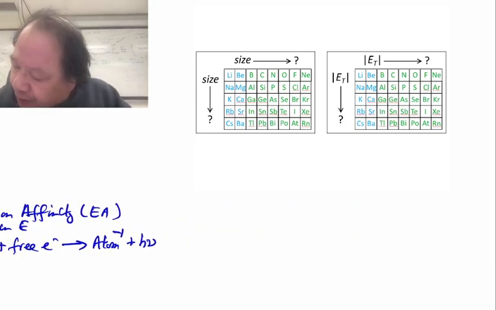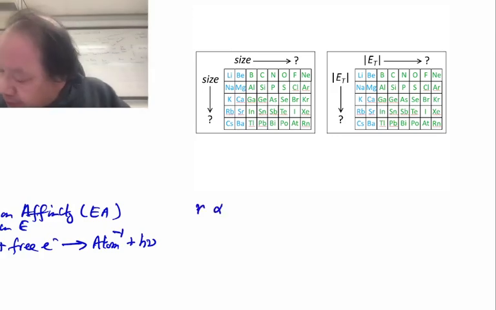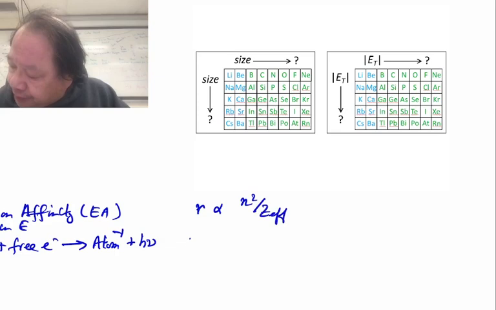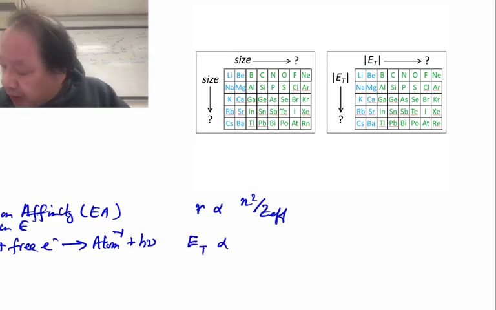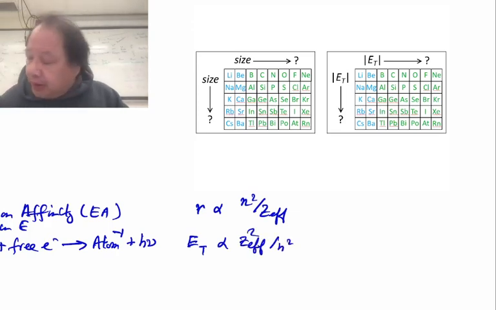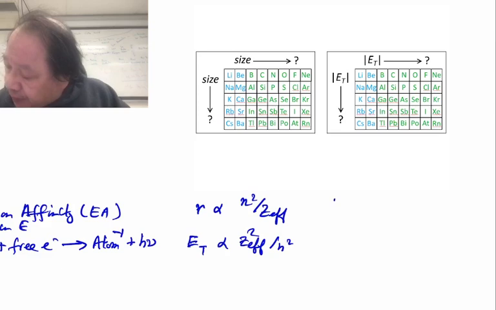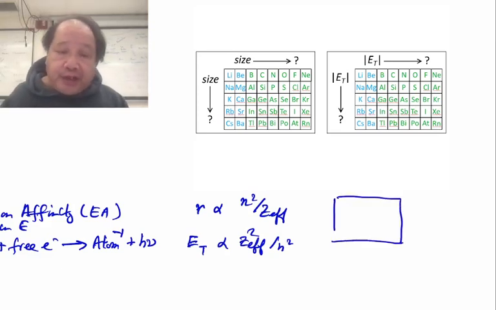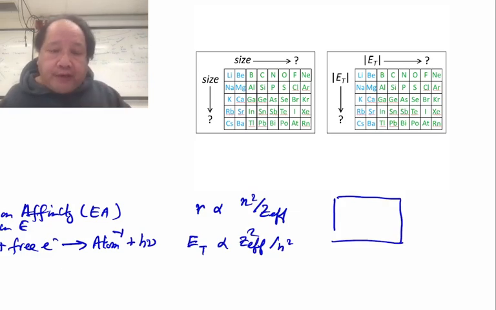Again in the extended Bohr model, R, which is a measure of the size, is proportional to n squared over Z effective, and E total is proportional to Z effective squared over n squared. And so the question is, here's our periodic table: how do n and Z effective change going left to right or top to bottom?